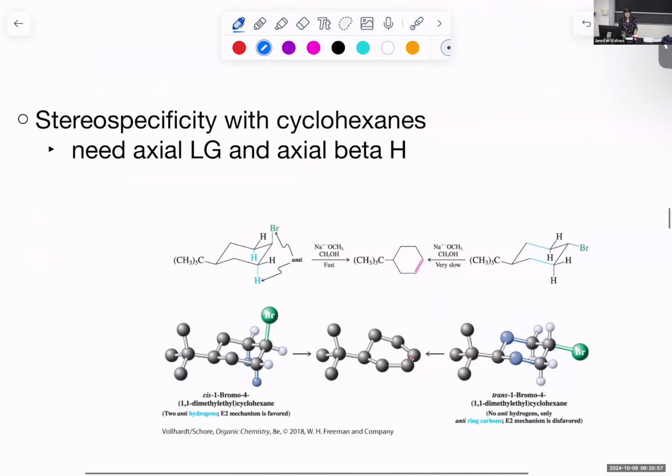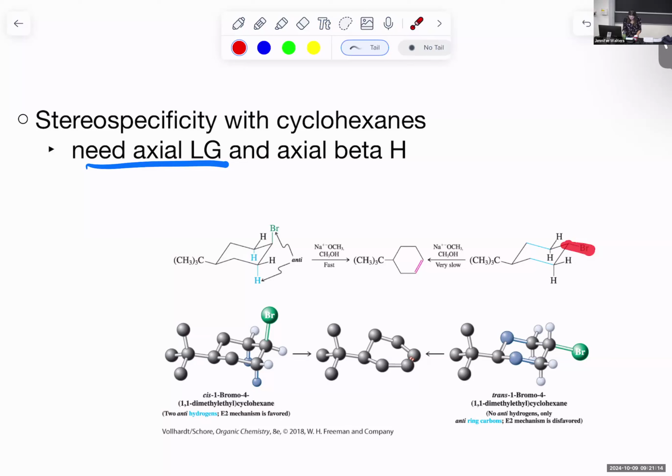If we look at this on a ring, we must have our leaving group axial. The reason our leaving group must be axial is because when you're equatorial, your antiperiplanar position is the carbon.